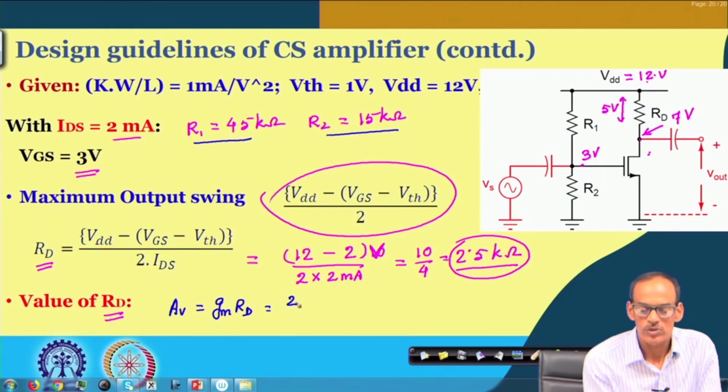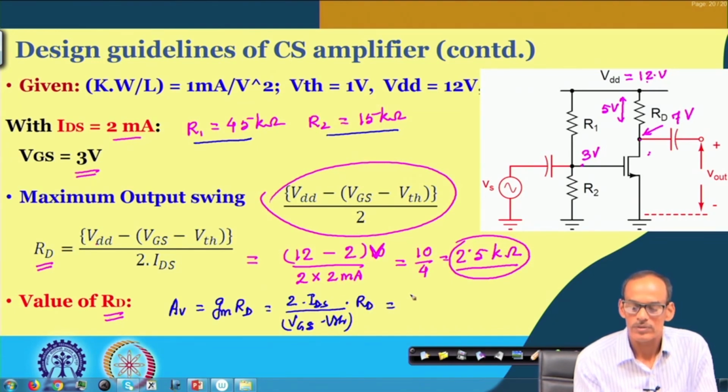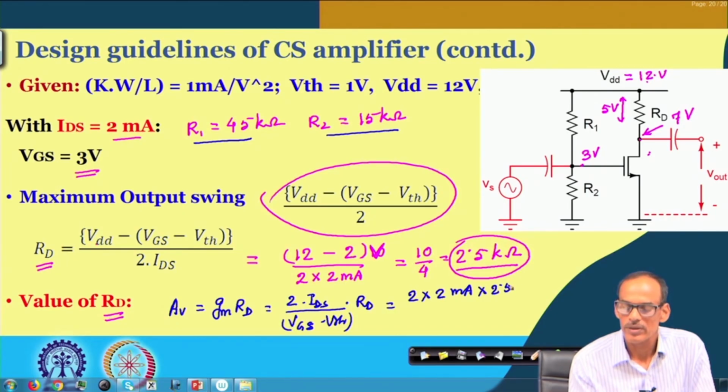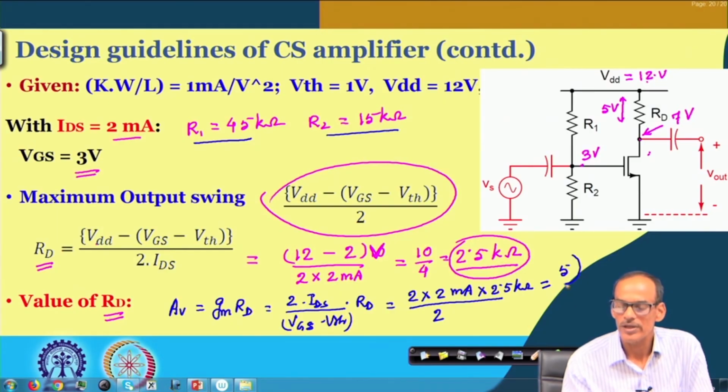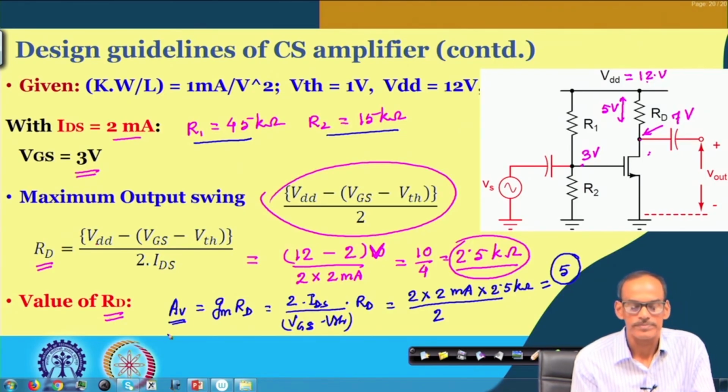So that is 2 times IDS divided by VGS minus VTH, into RD. So we have 2 into 2 milliampere into 2.5 K, divided by VGS minus VTH, which is 2. So that gives us a gain of 5. Earlier we were getting a gain of 11, now we are getting a gain of 5.